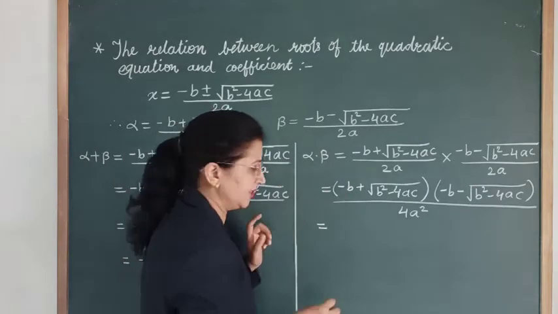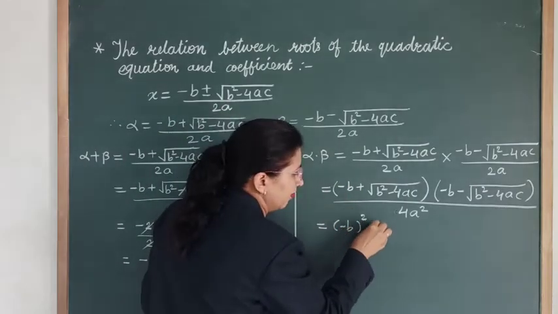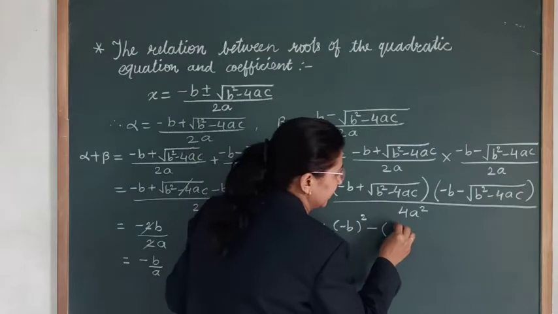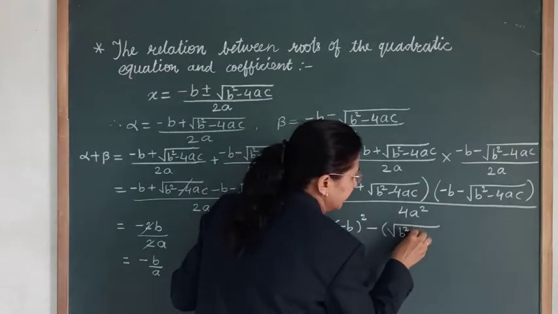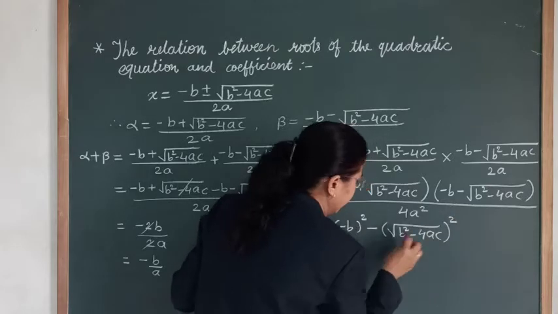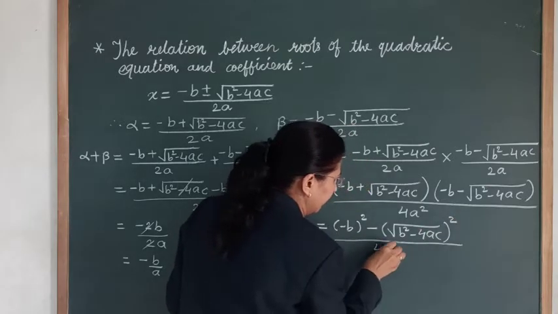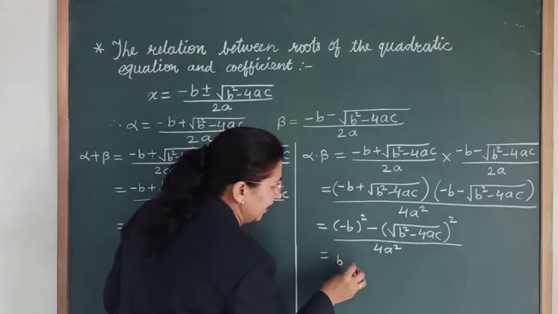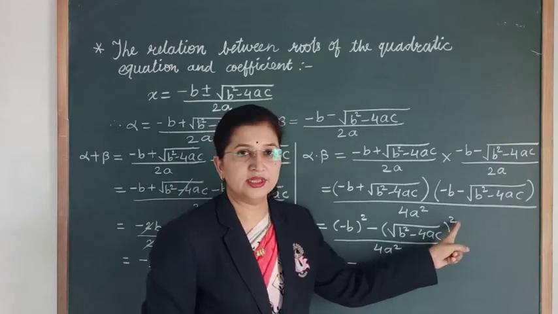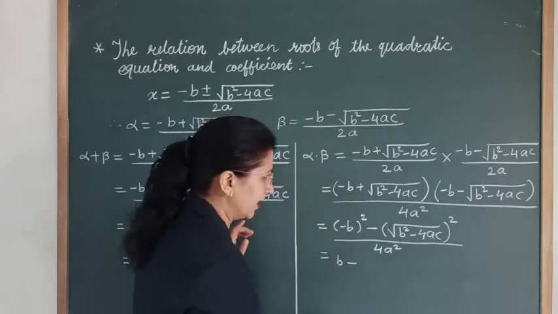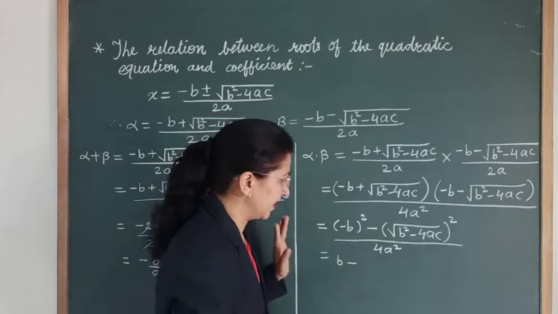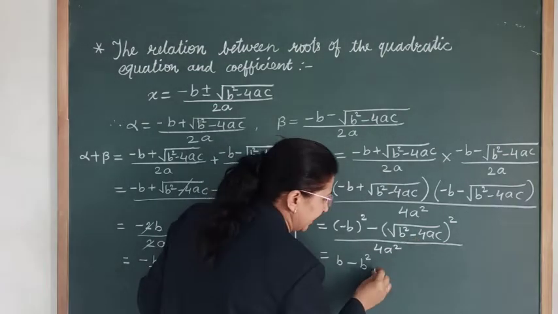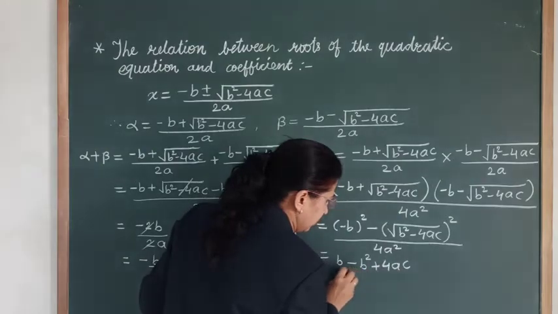A square means negative b square, minus b square, where b is under root b square minus 4ac, the bracket squared, upon 4a square. Now the square of negative b is b square, minus, and due to the square the root sign gets cancelled, and since there is a negative sign outside the bracket, the bracket signs change. So this positive b square will become negative b square and the negative will become positive.